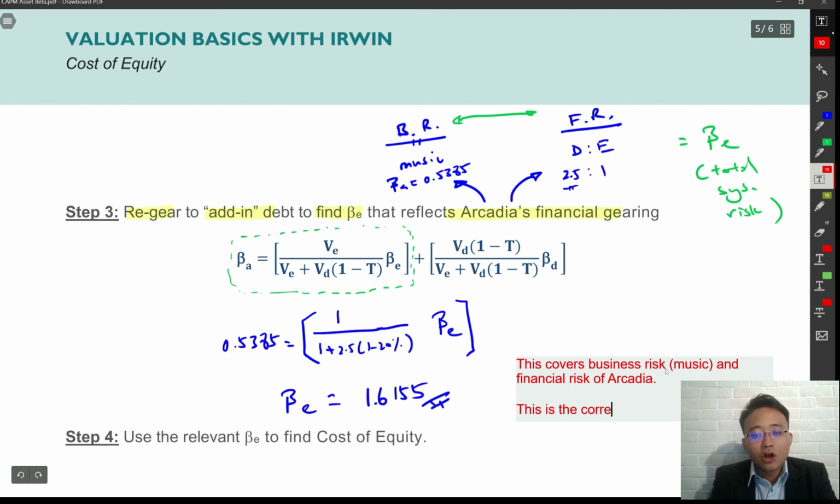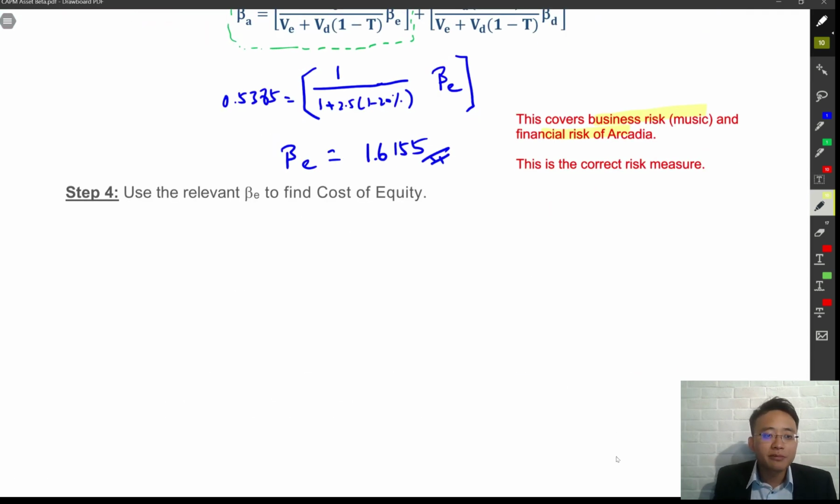This is the correct risk measure, okay? So this equity beta is the correct risk measure that we're going to use. Its components are accurate. We now can do the CAPM formula.